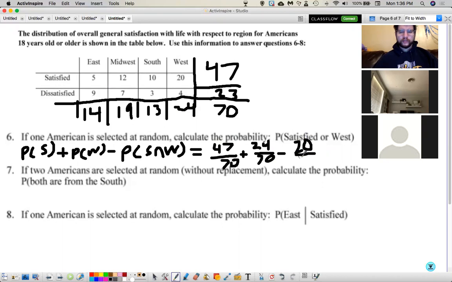So 20 out of 70. So do the math, you get 51 out of 70. That's a 51, it's really hard to tell.